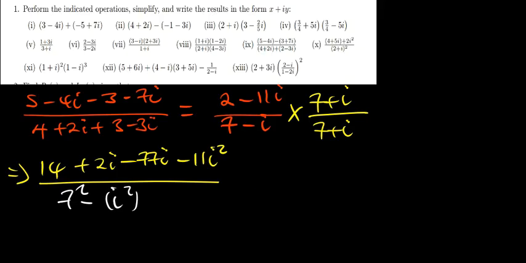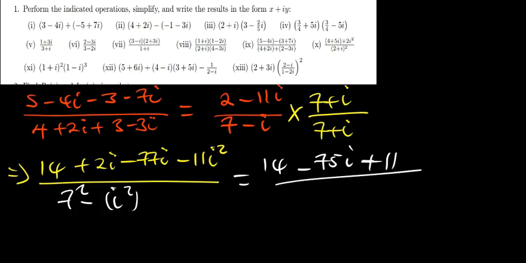Okay, so what are we going to have? On top here, we are going to have 14. Then 2 minus 77, which is negative 75. Then I'll have minus, now this is i squared, so it's the same as negative 11 times negative 1, which is plus 11.